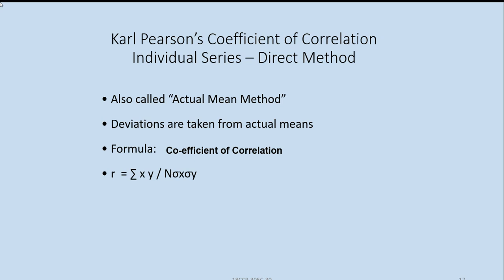And n is the number of items in individual series. Sigma x is the standard deviation of X series, and sigma y is the standard deviation of Y series. So in other words, here we have to calculate X bar, Y bar, standard deviation of X, and standard deviation of Y to find out the correlation.